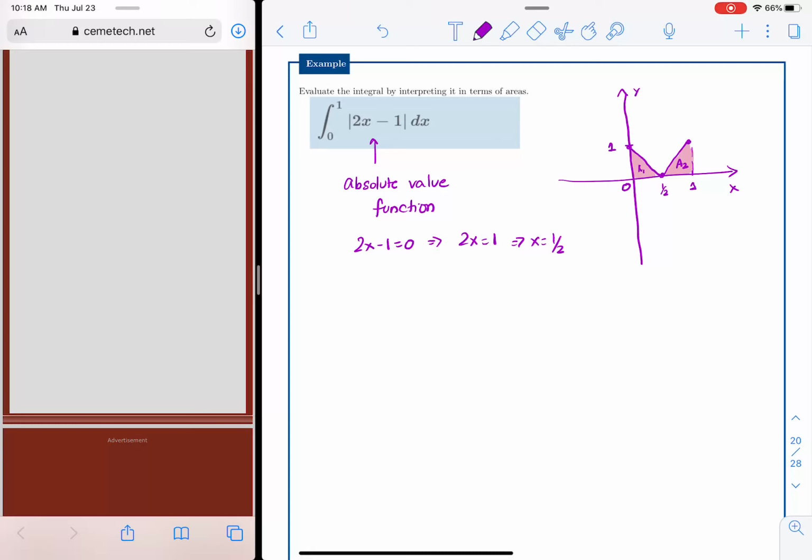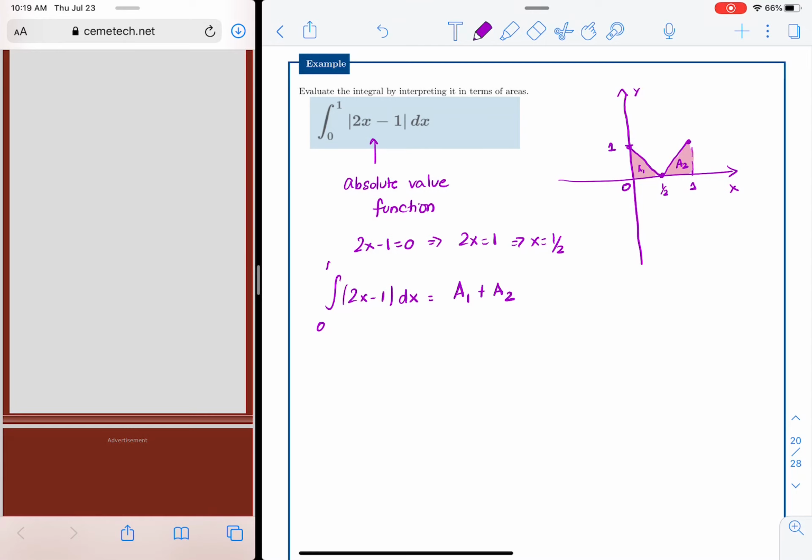So the integral from 0 to 1 of the absolute value of 2x minus 1 dx is simply A1 plus A2. Both of them are on the positive side, and both of them correspond to a right-angled triangle. The base of the right-angled triangle is 1/2, and the height is 1.